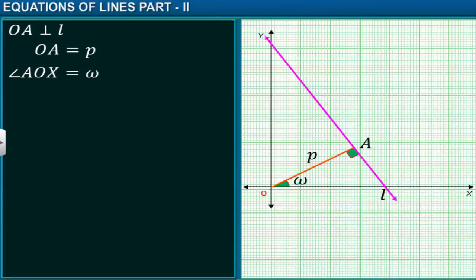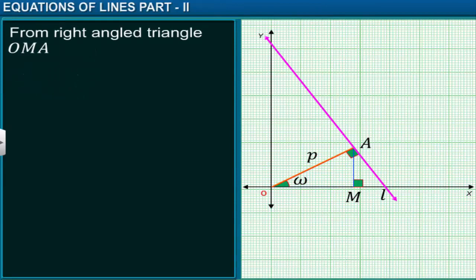Let us draw a perpendicular AM from point A to the x-axis. In the figure, note that distance OM represents the x-coordinate and distance AM represents the y-coordinate of point A. Let us find the values of OM and AM to get the coordinates of point A that lies on the given line.